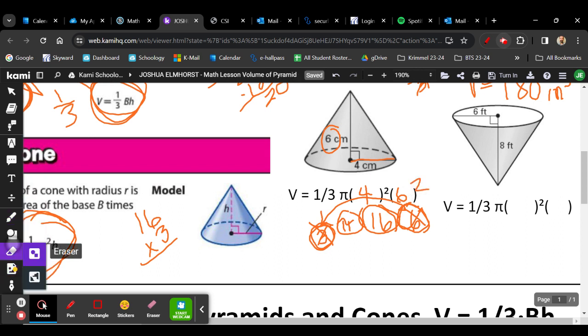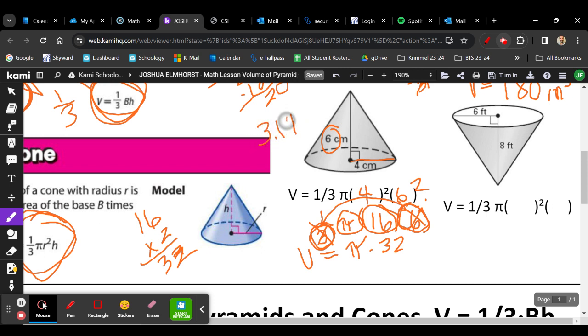So we're actually just going to multiply 16 by 2. 2 times 16 is going to give us 32. So the volume is going to be pi times 32.